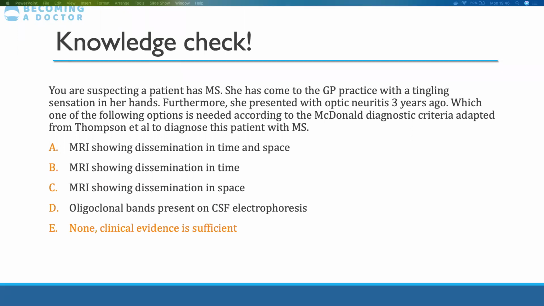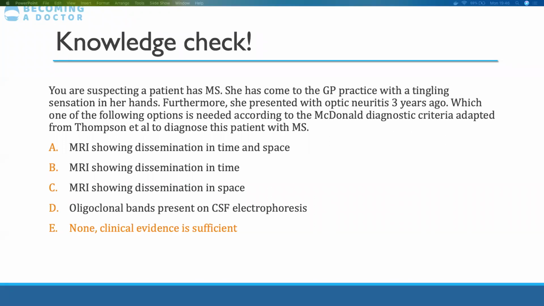So this patient presented with tingling, and afterwards they also had optic neuritis. Can you see how there are two completely different areas that are affected? So that is the dissemination in space done. The fact that the optic neuritis was 3 years ago, and there's a new symptom now, shows that there's dissemination in time as well. So clinically, the symptoms have shown dissemination in time and space.